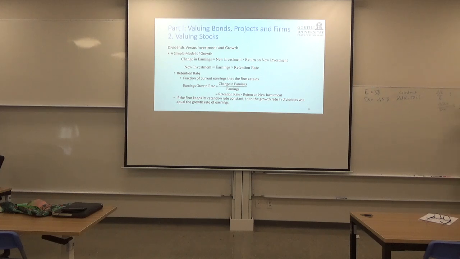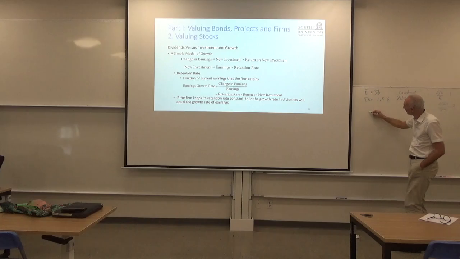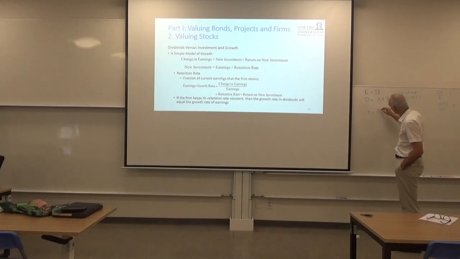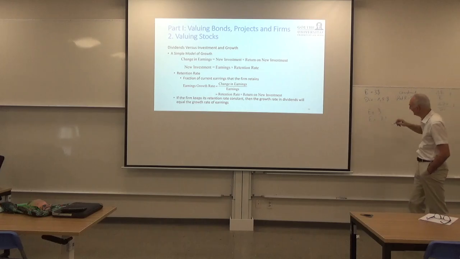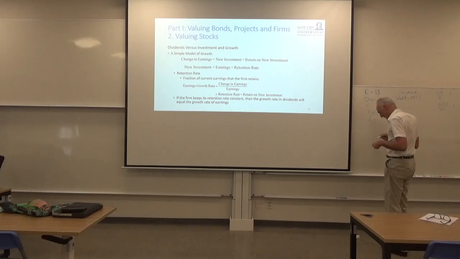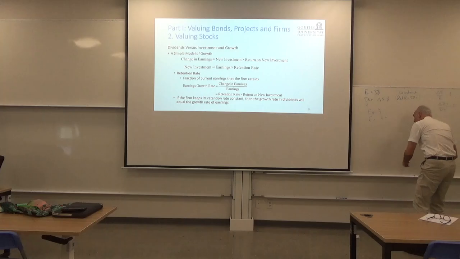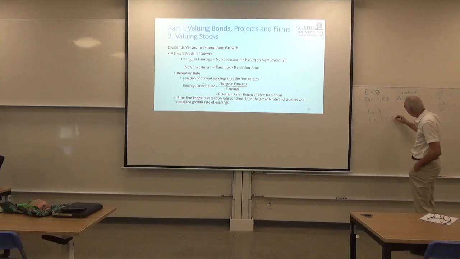Well, the change of earnings is, of course, earnings next year minus earnings right now. So earnings today is 3. Earnings in 1 year is 3 plus, oh sorry, one important thing was missing. 3 plus 1.5 times something.